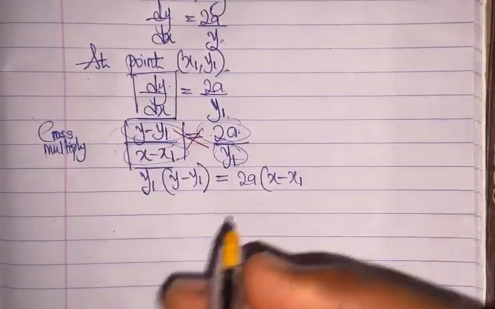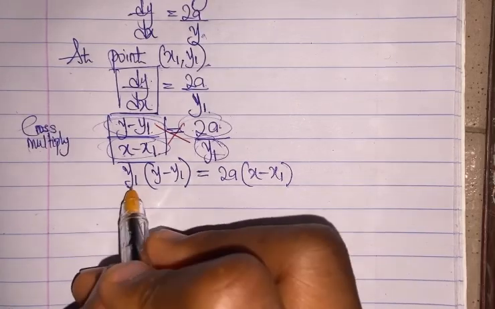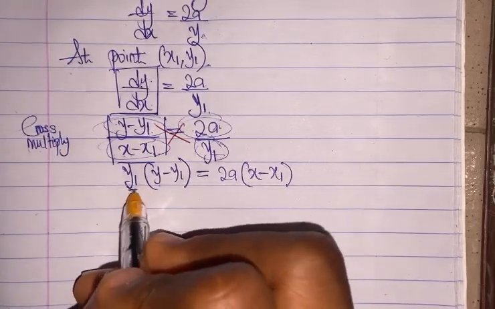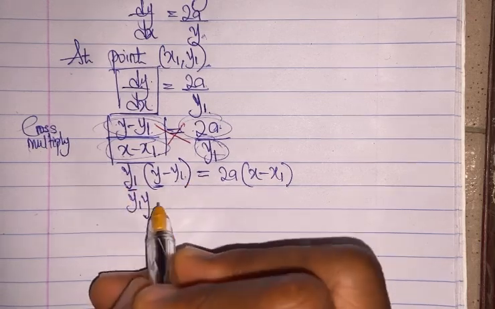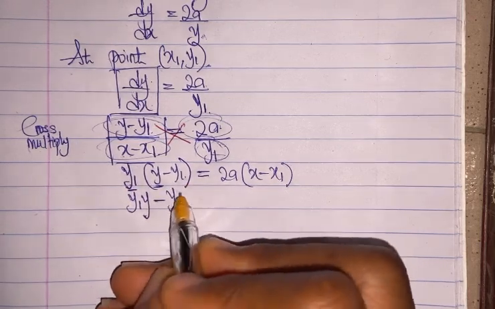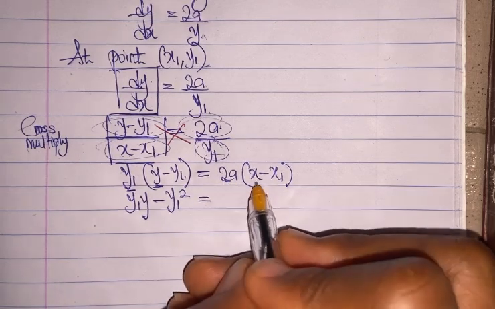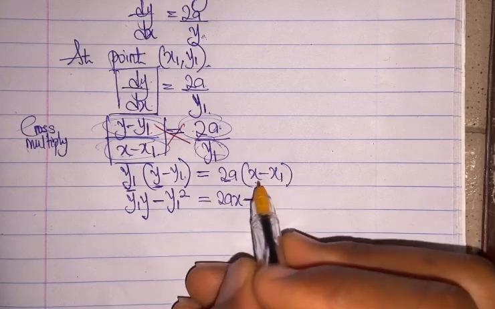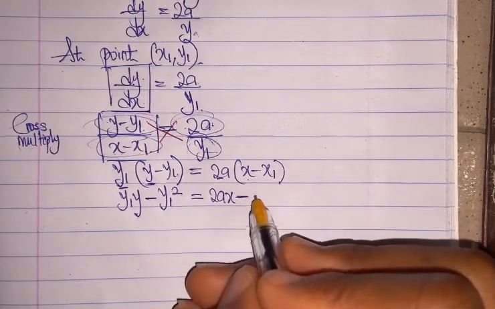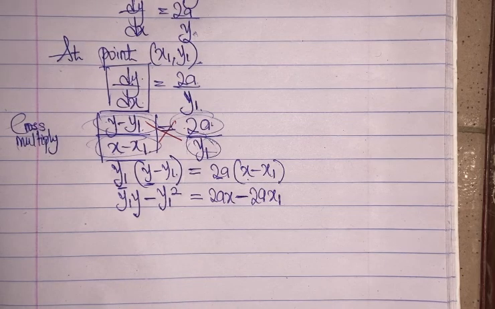At this place, we can multiply this with this, which gives us y1y. This multiplied by this gives us minus y1 squared, equal to 2a multiplied by x, which gives 2ax, minus 2a multiplied by x1, which gives 2ax1, right?